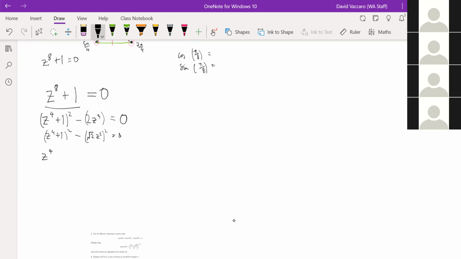Which factorizes as z to the 4 plus root 2 z squared plus 1, and z to the 4 minus root 2 z squared plus 1.